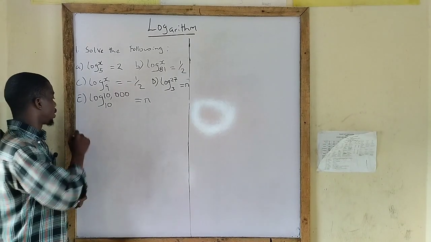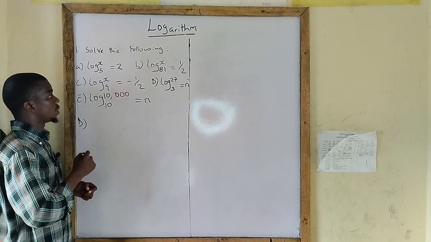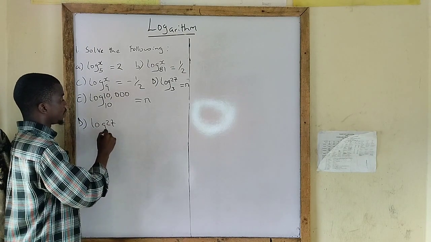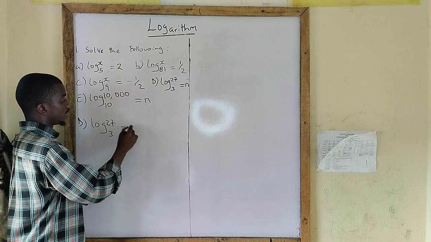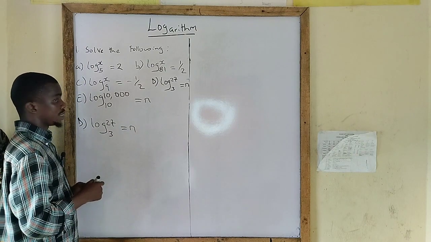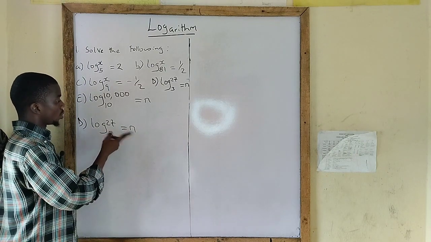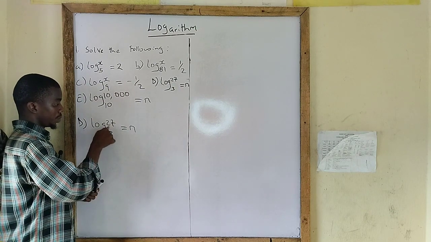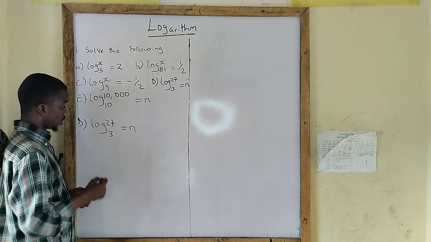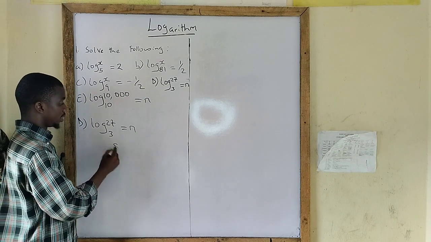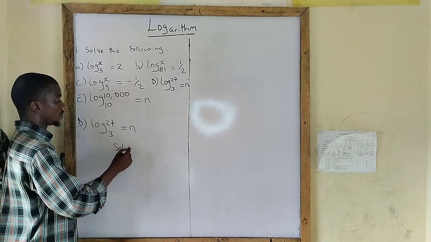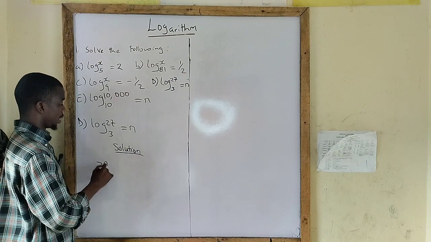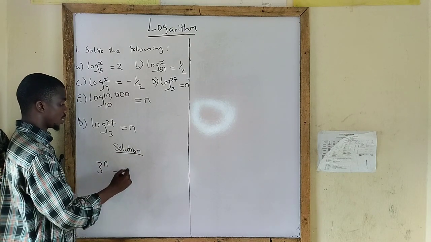We'll go to the next question, the D question. It says that log 27 base 3 is equal to n. This statement means what will be the power that we raise 3 to for us to obtain 27. So if we write this down in exponential form, we'll have 3 raised to the power of n is equal to 27.